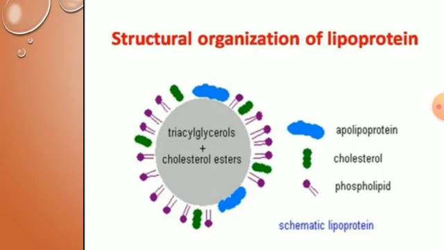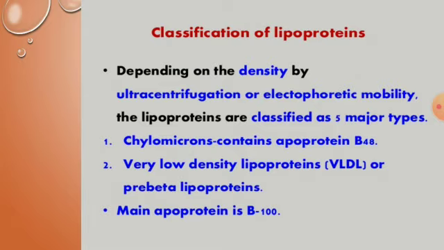When we come to the classification of lipoproteins, depending on the density by ultracentrifugation or electrophoretic mobility, the lipoproteins are classified into 5 major types. First one, chylomicrons. It contains apoprotein B48.